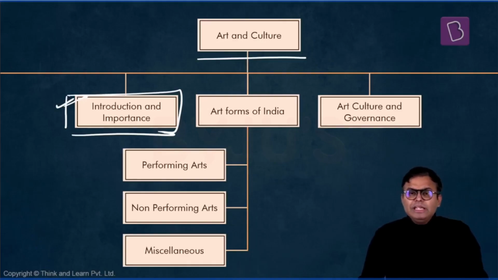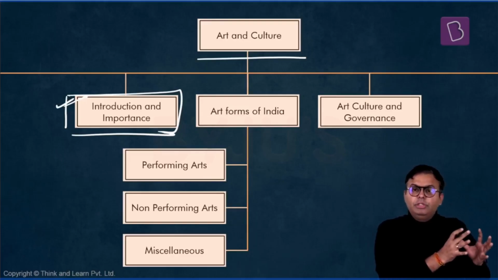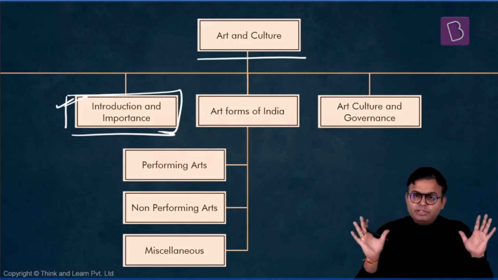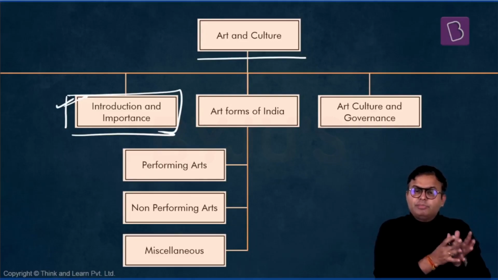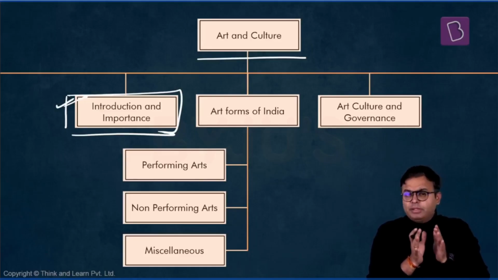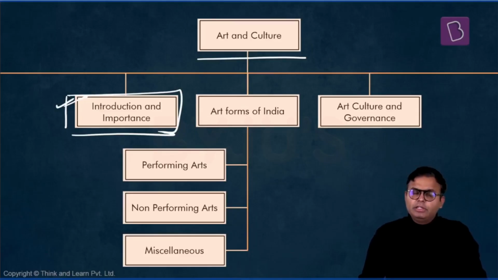Even the food we eat, the clothes we wear, the language we speak, the dialect, the words we pronounce, everything is symptomatic of art and culture. If you understand from this point of view, then your life becomes quite easy and you learn to enjoy the subject. Instead, if you just try to memorize, then your life becomes quite difficult.